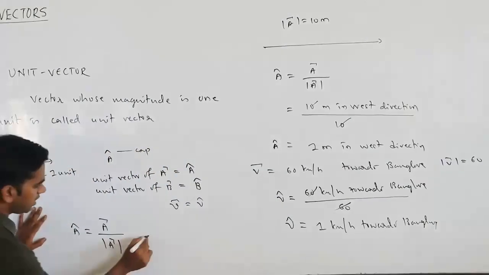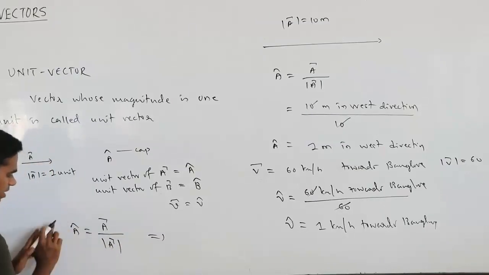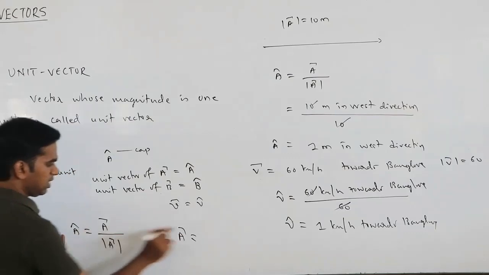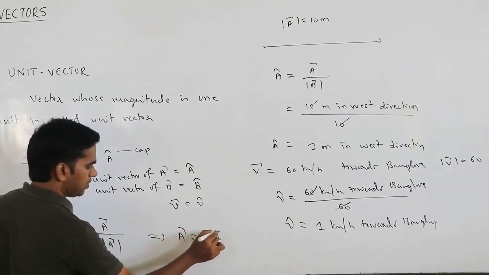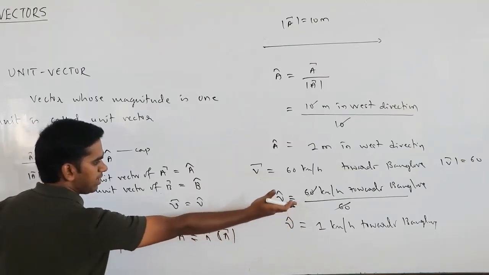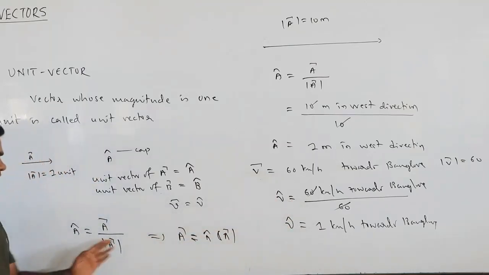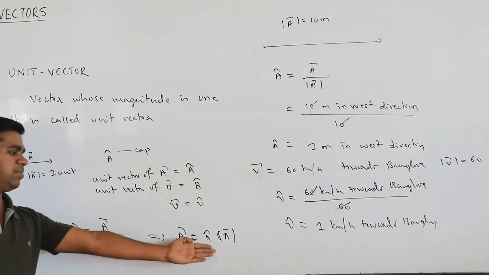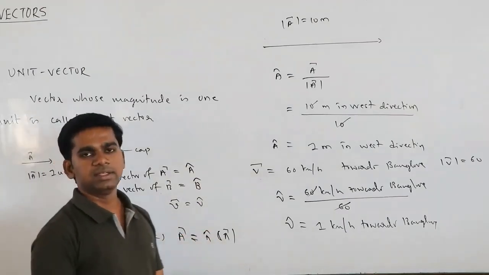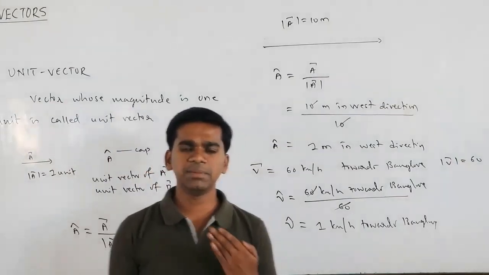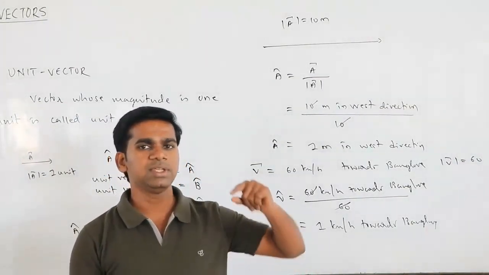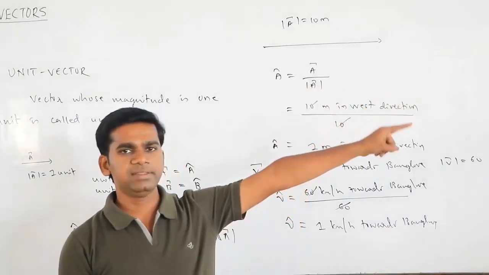So if I take the magnitude to this side, vector A is equal to A cap into magnitude of vector A, because you have divided by magnitude of vector A. So you can find vector A by multiplying the unit vector with the magnitude. Suppose somebody asks you where is Belgaum, you will say some 100 kilometer in this direction.